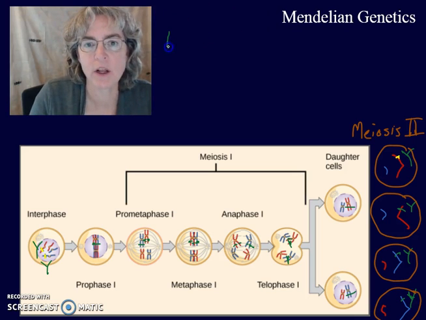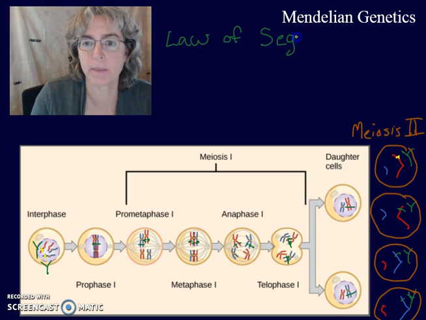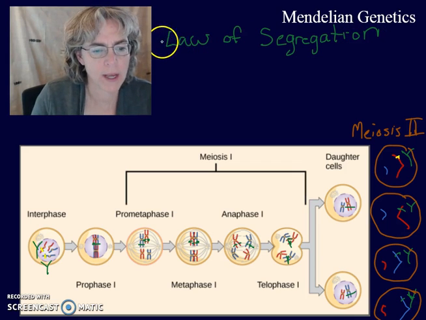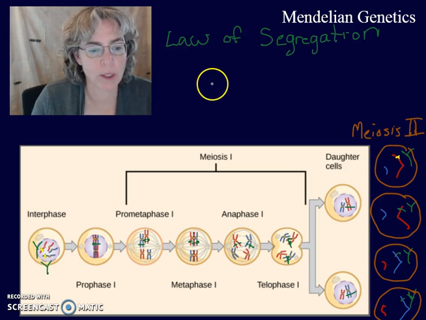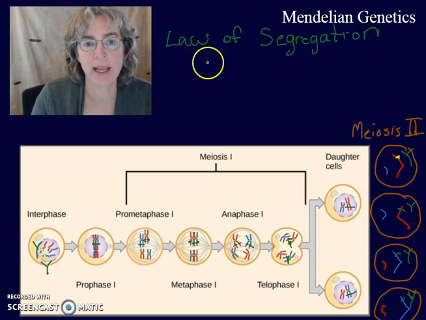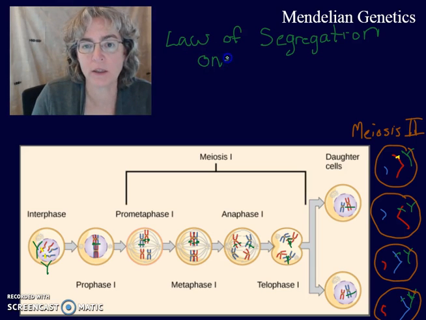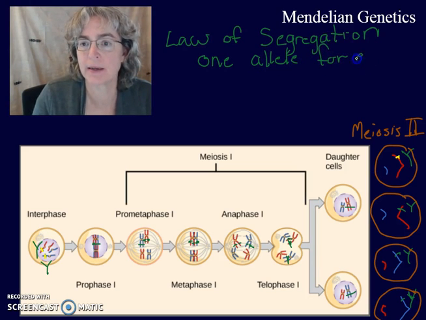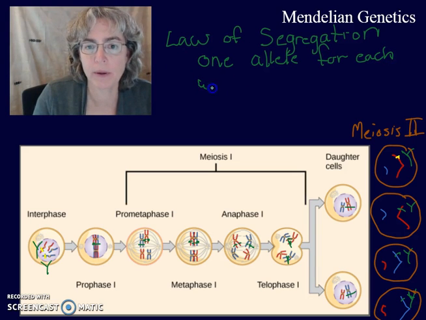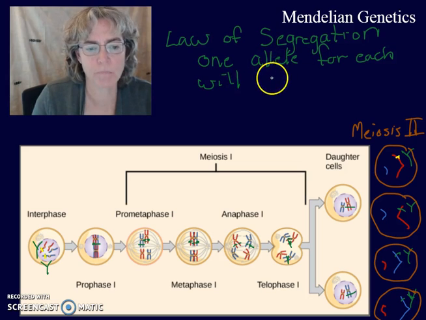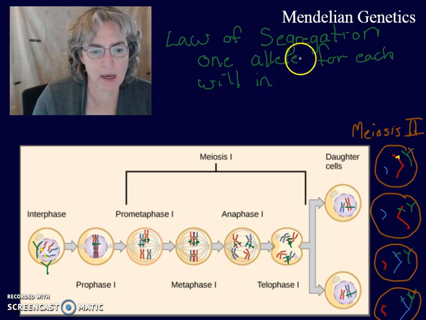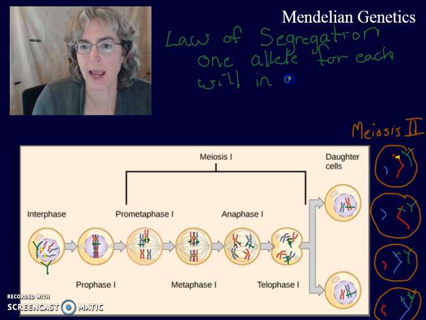So let's write that down. Law of segregation. It means that only one allele for each trait will end up in a gamete.